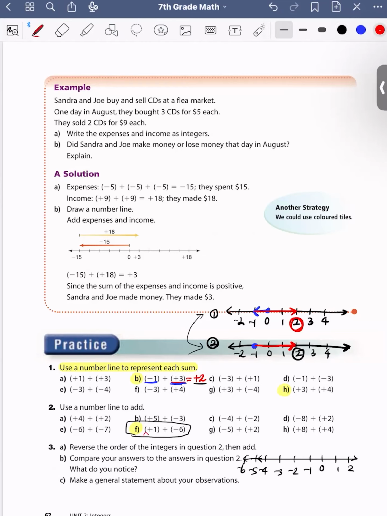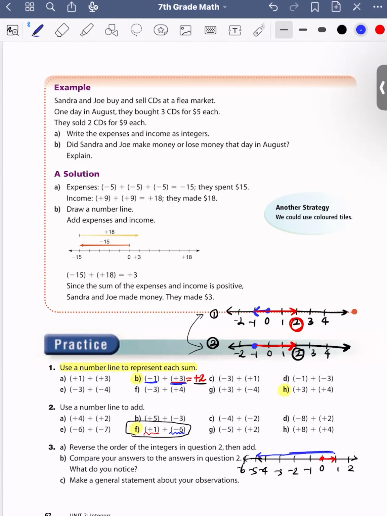Since the first number was plus 1, you're going to draw an arrow that goes towards the positive direction. And then you're going to draw an arrow that goes towards the negative direction as much as 6 units. So 1, 2, 3, 4, 5, 6.